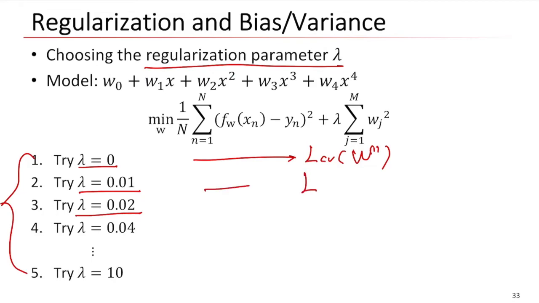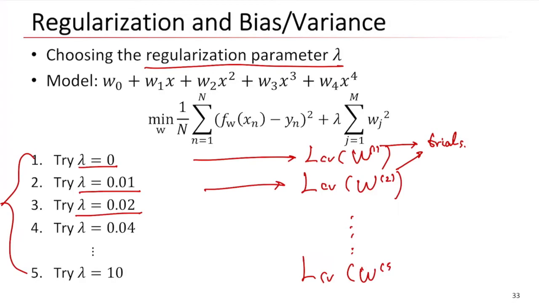The superscript means the second trial and the third trial. And pick the best one as our final number. So this is the kind of cross validation.